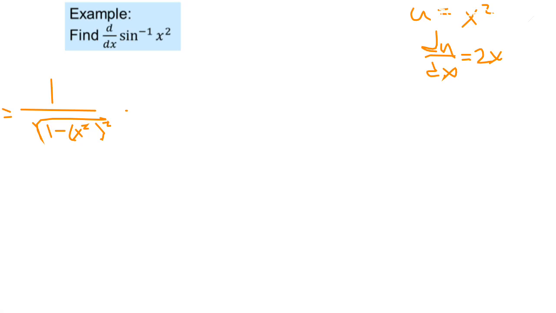I'm going to multiply by du dx, which I said is 2x. You could leave your answer like that on the free response section, but notice it's likely to get simplified, especially in the multiple choice section. So you can simplify that as 2x over the square root of 1 minus x to the 4th.